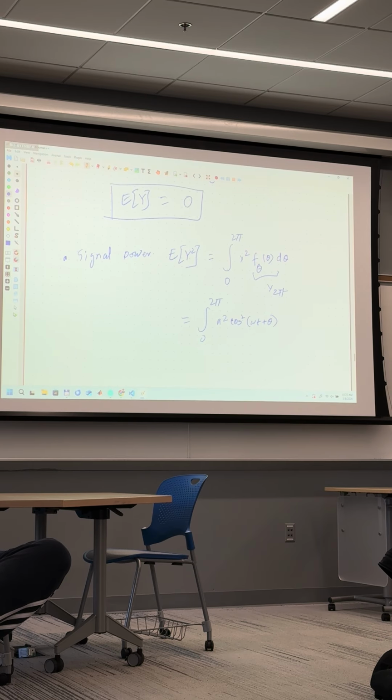integration as well. So guys, do you recall what cosine squared theta is? This trigonometric identity. So you can just write half times 2 cosine squared theta, and you can bring this half out.